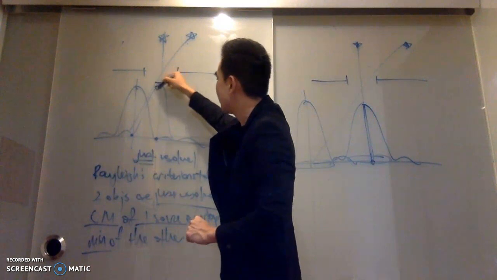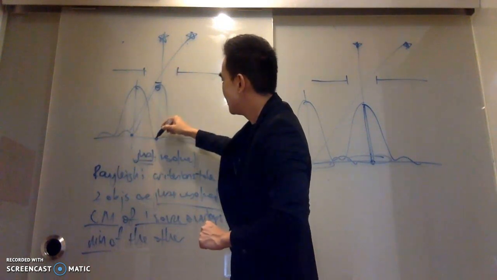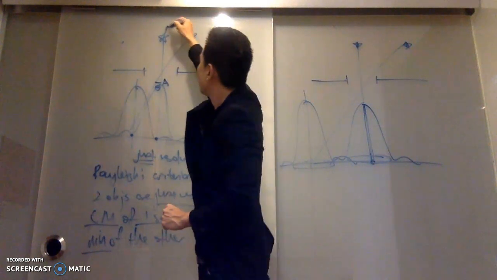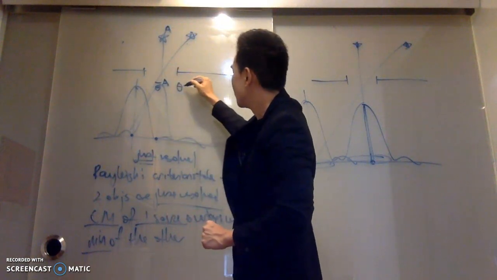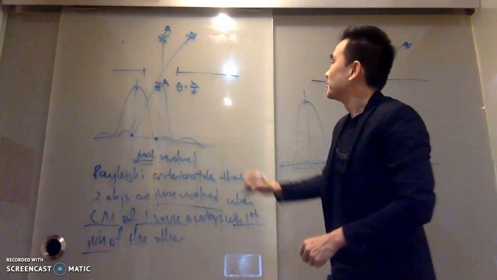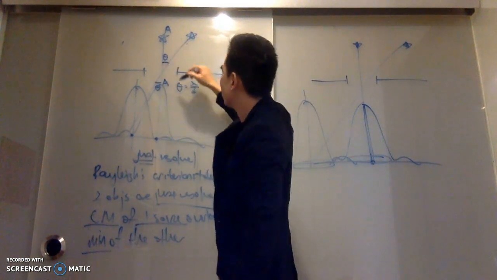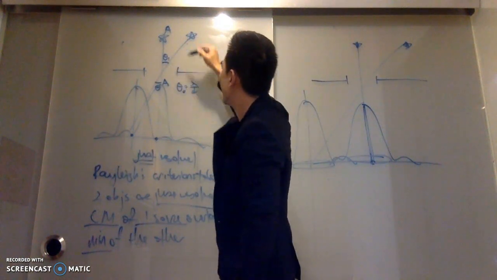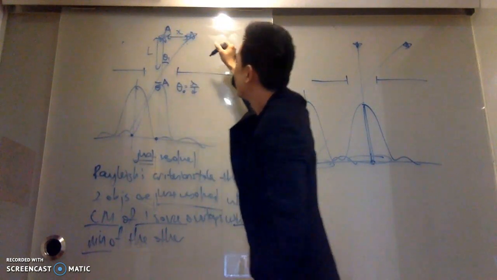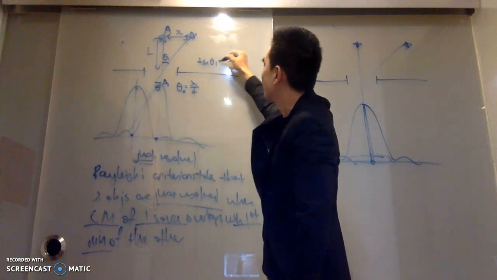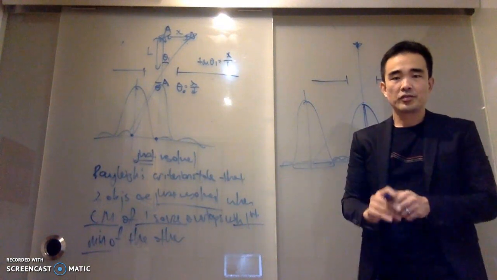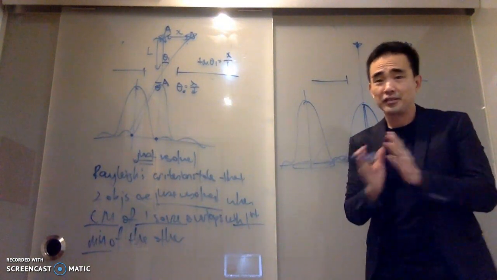Do you agree that the angle between the central maxima and the first minima of this source A, the angle over here, is going to be equal to lambda upon d? Whereas this angle over here, let's call this theta 1, this is theta 0, and let's call this x and this L. We're going to say that tan theta 1 is equal to x upon L. But like what I said, most of the time when we talk about resolution, the angle is going to be really small.